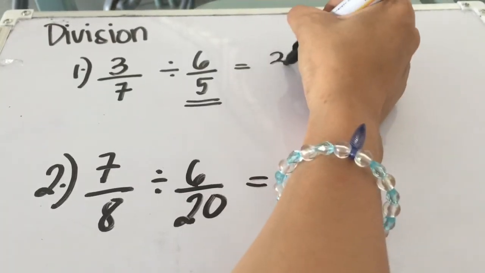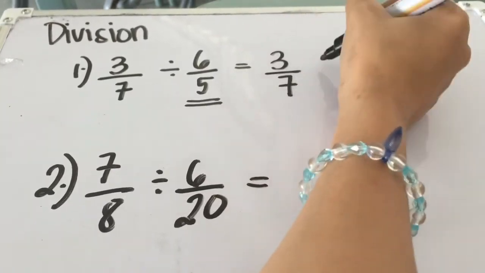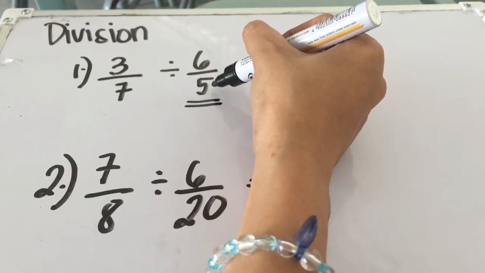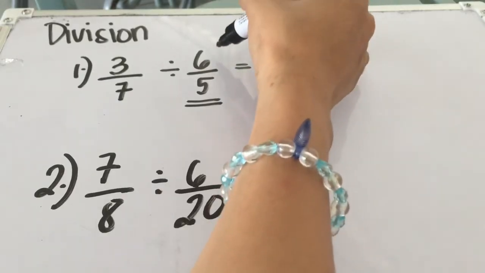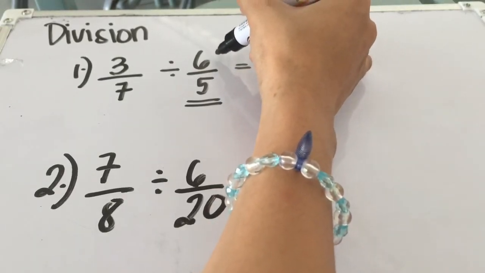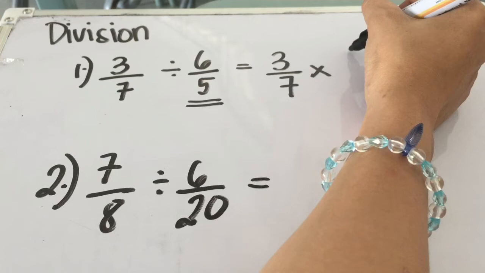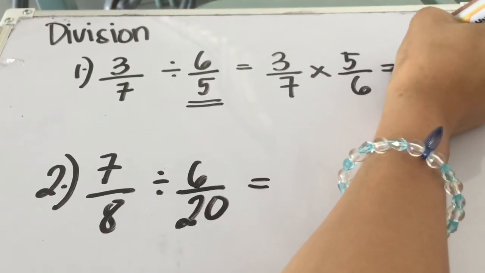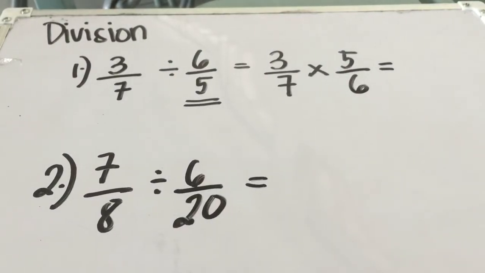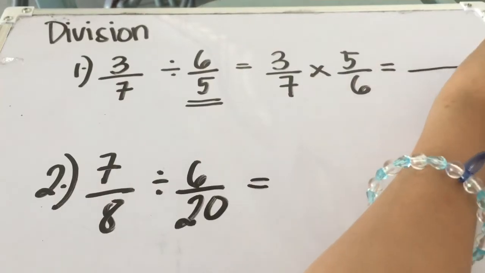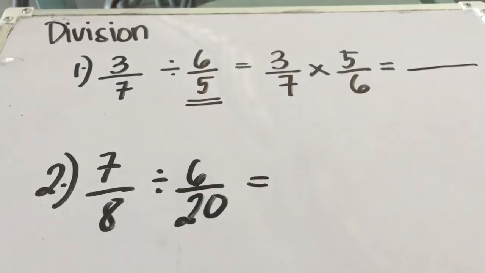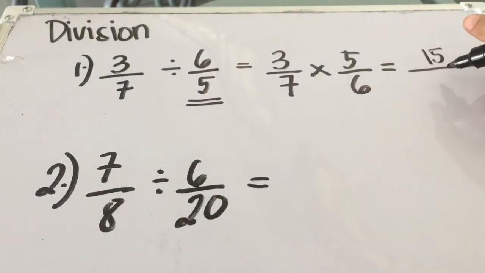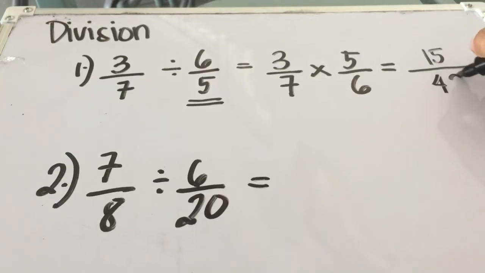So 3 all over 7, then times, baliktarin mo yung denominator and numerator ng divisor natin. We have 5 over 6. So that's the time mag-multiply na tayo. We have 3 times 5, 15 all over 7 times 6, 42.